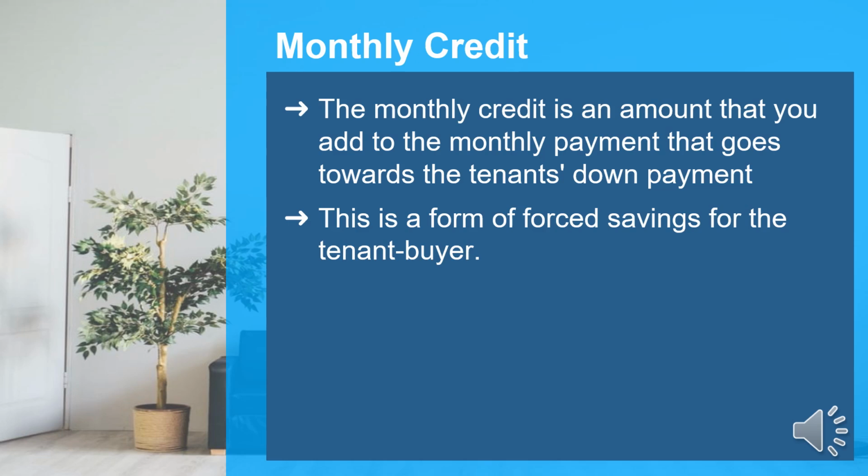They give you a $10,000 deposit, which means that they need another $10,000. This could require an additional payment of $300 spread over 36 months. If they use a 3-year contract, the best approach would be to increase the monthly payment by $300, and the cumulative credit will be applied to the down payment when they purchase the property.